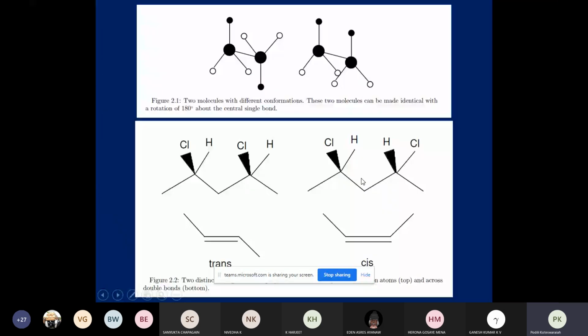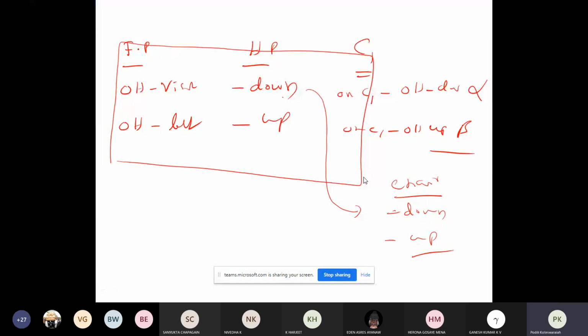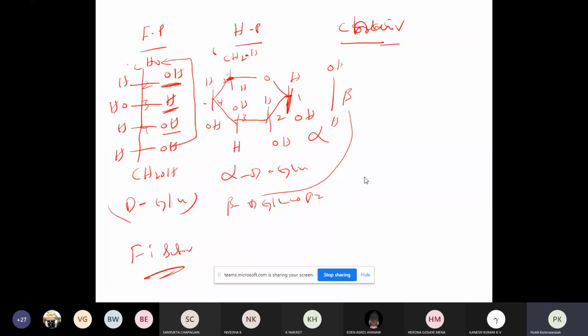Now I will draw the structure of glucose in the chair conformation. As I already said, this is carbon 1, this is 2, this is 3, this is 4, and this is 5, and of course this is CH2OH, which is 6.